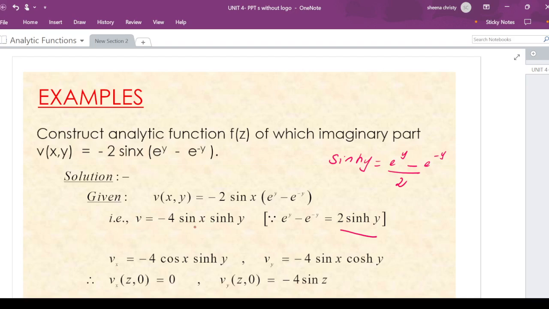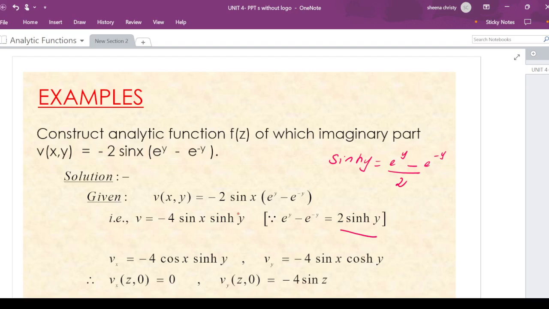So, differentiating v with respect to x, here the x term is sin x, and the differentiation of sin x will be cos x. Likewise, you have to differentiate v with respect to y. The y term is sinh y.